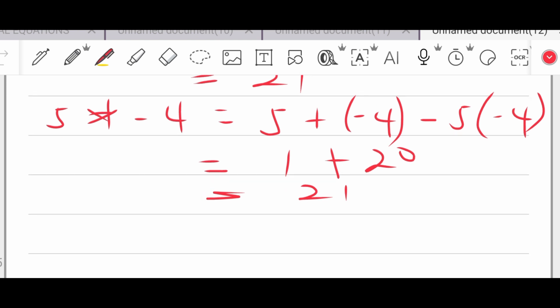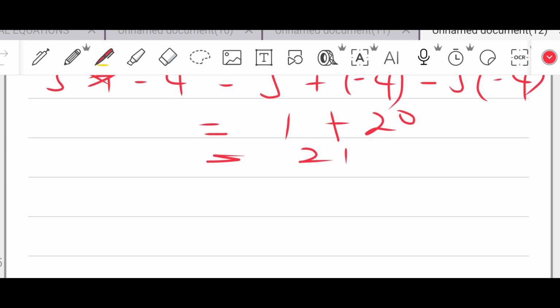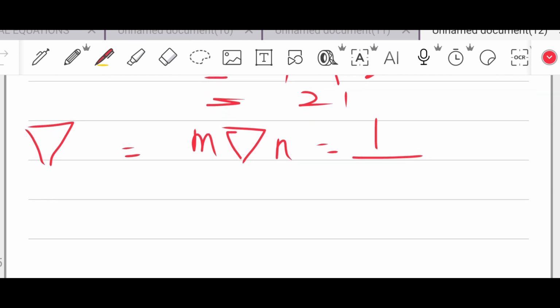Now, sometimes you are given, let's try this example. We have a binary operation. This form is given by, let's say, m operation n equal to 1 over m plus 1 over n.